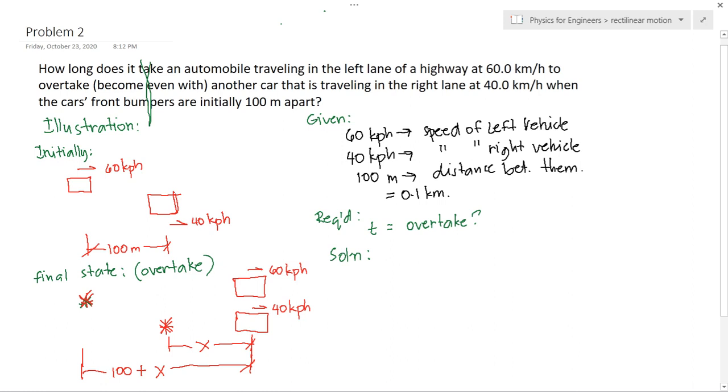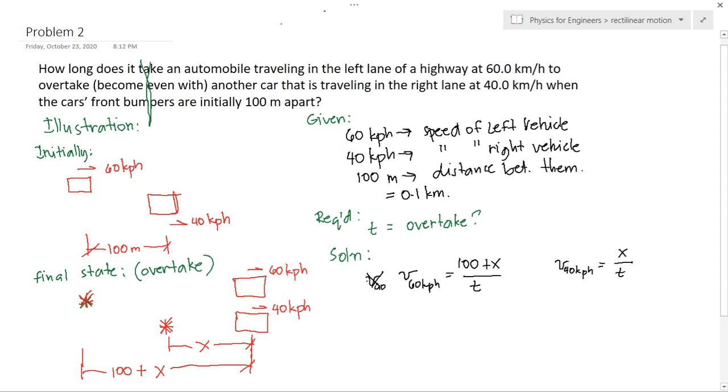So in the final state, we can say that the velocity of 60 kph is equals to 100 plus x all over t. And then we also know that the velocity of 40 kph is just equal to x over t.